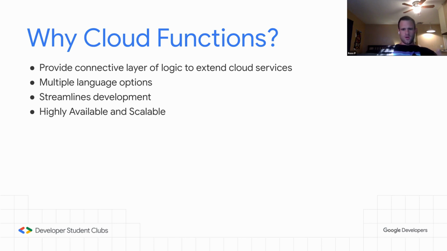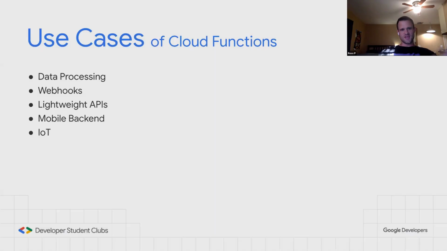So that means the function can scale from a few calls a day to millions of calls a day without any work from us. Google just automatically scales it for us, and we just pay however many times that cloud function was invoked.